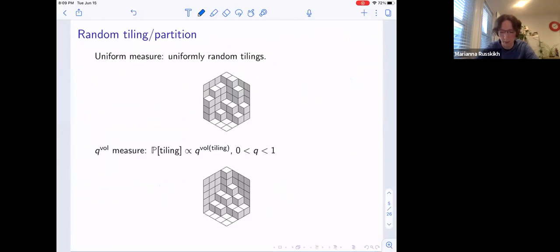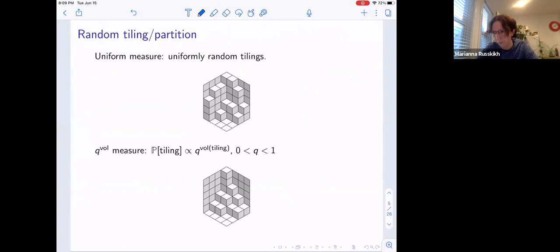Let me tell you what we mean by a random tiling or random partition in the plane partition case. As we know, in a plane partition, tilings and partitions are in bijection, so I can think about random tilings instead of random partitions.